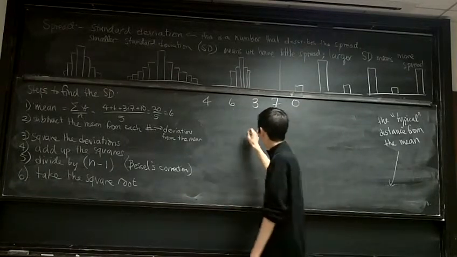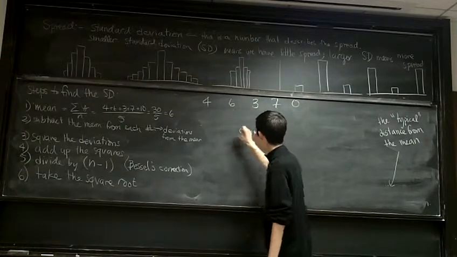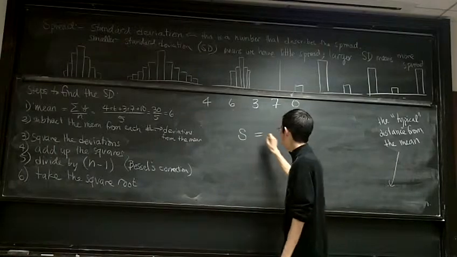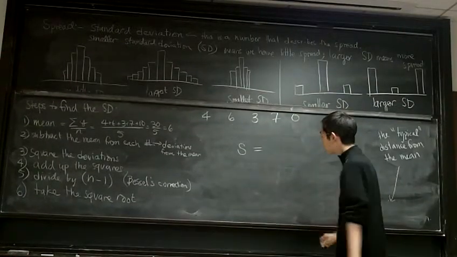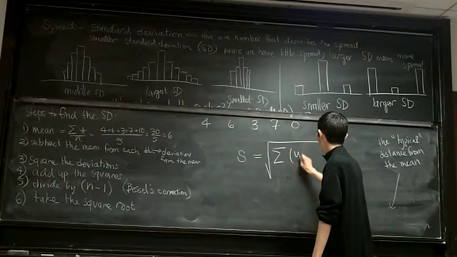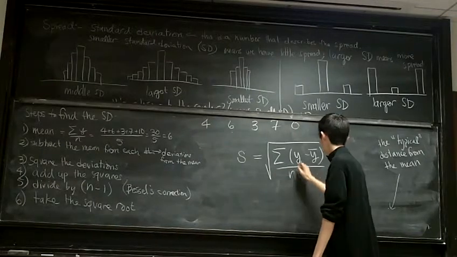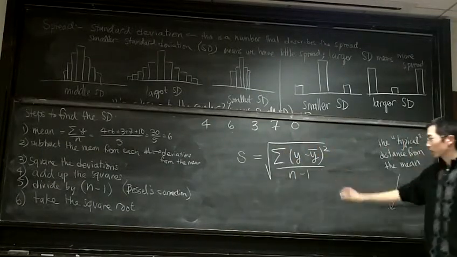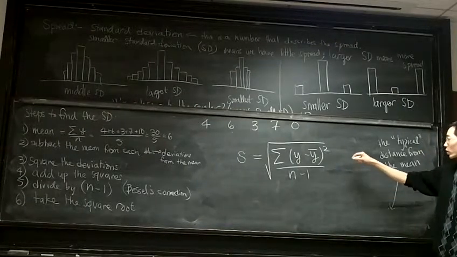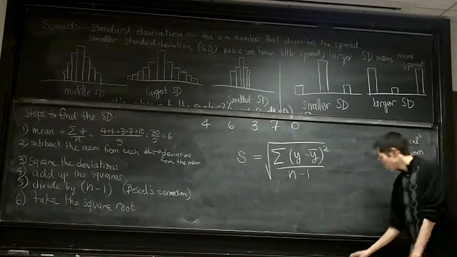Just let me know. All right, so the standard deviation, and S is the abbreviation for standard deviation that we might see in the book. This is the formula for this. It looks like this: square root of the sum of y minus y bar quantity squared over n minus 1.